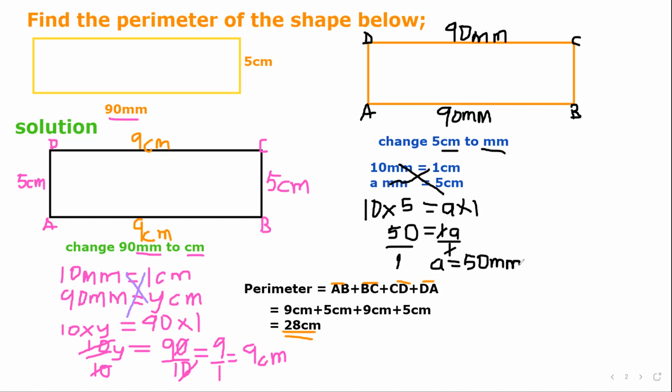Okay, good. Now, I can write 50 millimeters, and then we have 50 millimeters here.